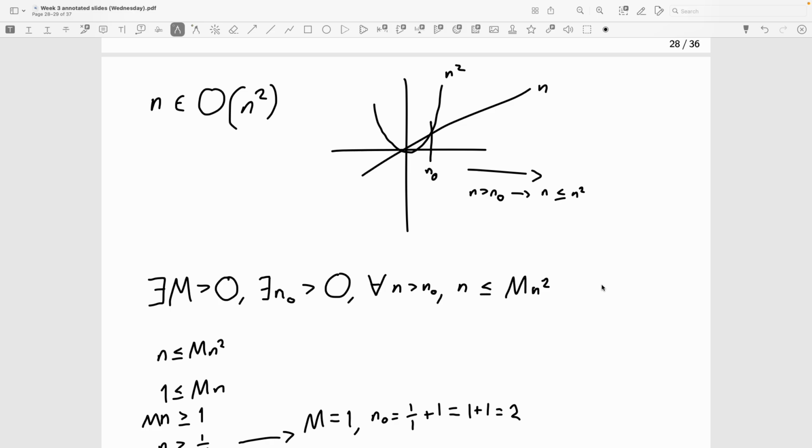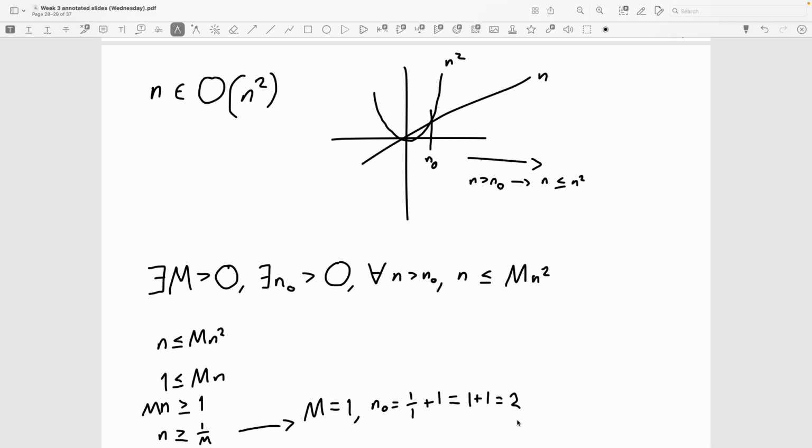I'll mention again, because it's important, that there is no one right answer for what values to choose here. In particular, n naught probably doesn't have to be 2. I'm pretty sure it can be 1, but 2 is the value that we got from this particular analysis. n being less than n squared if n is greater than 1, and n being less than n squared when n is greater than 2 are both true, so the proof still works in both cases.